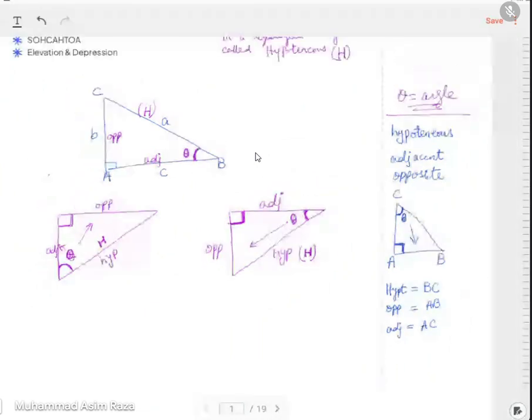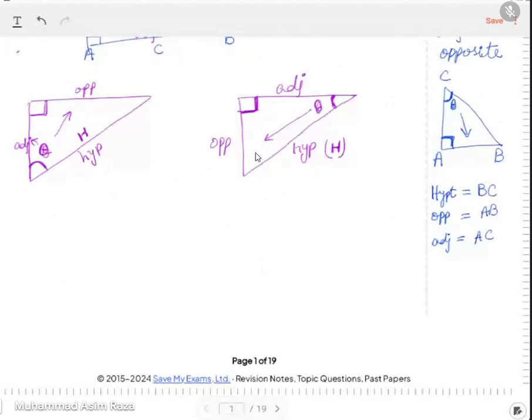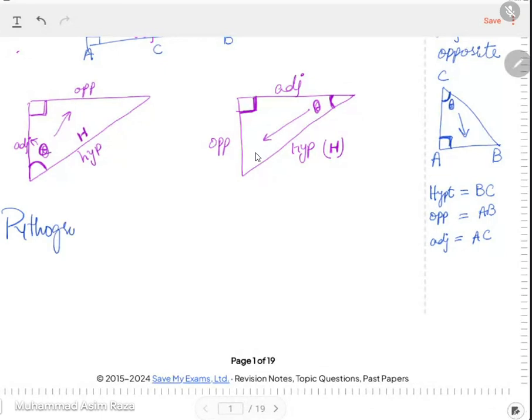Now, what is the Pythagoras theorem? We started with that arithmetic that we are going to do, but Pythagoras theorem says that the square of the hypotenuse is equal to the sum of the squares of the opposite side and the adjacent side.